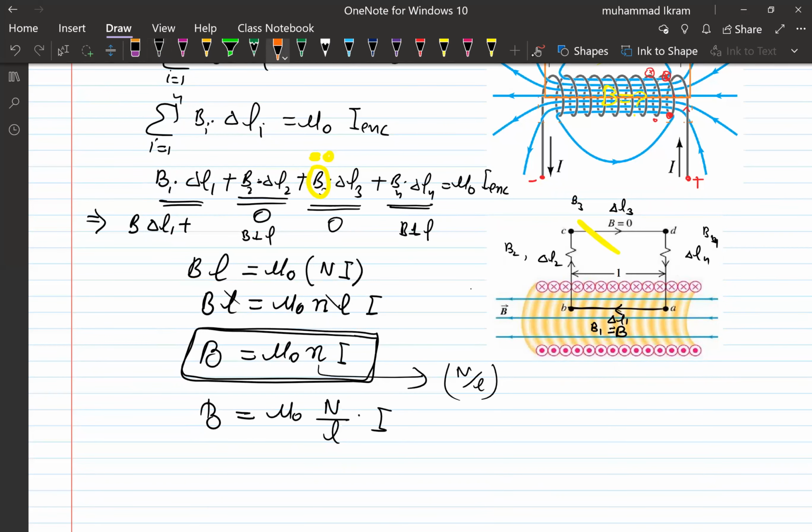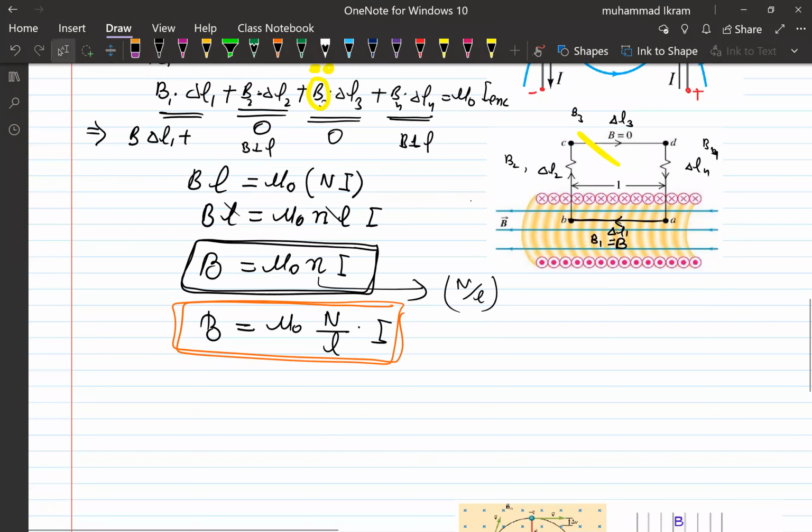In another way we can do this also. Okay, see here. What does this mean? This means that B is directly proportional to N for constant length. If you do not change the length and if you increase the number of turns, B increases.